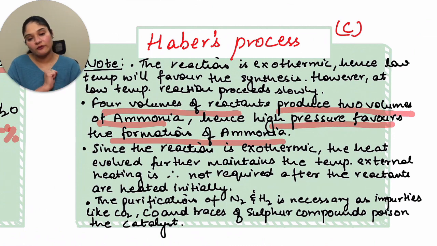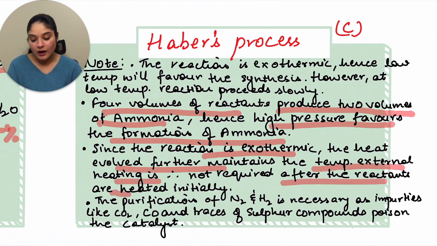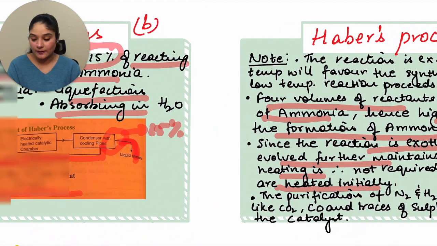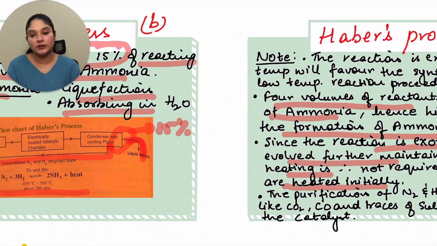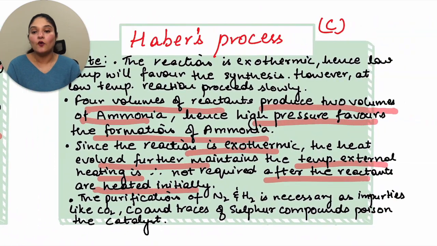So what is the favorable pressure for this? It is 200 atm. The next is, since the reaction is exothermic, the heat evolved maintains the temperature. External heating is not required after the reactants are heated initially. Therefore, the temperature that you need here is 450 to 500 degrees Celsius.